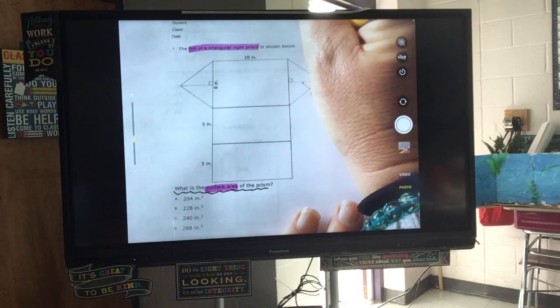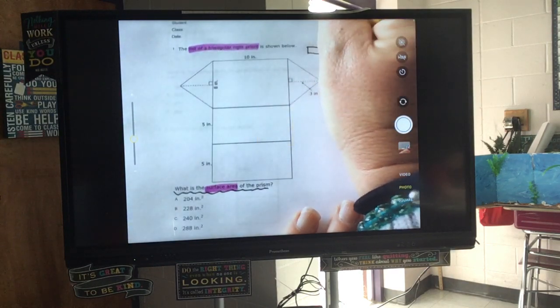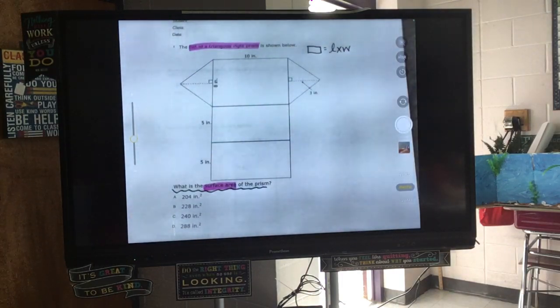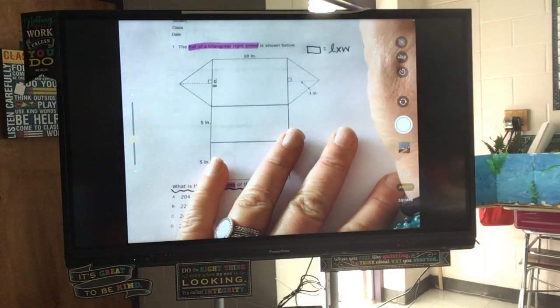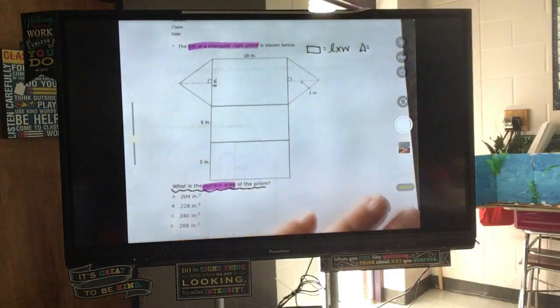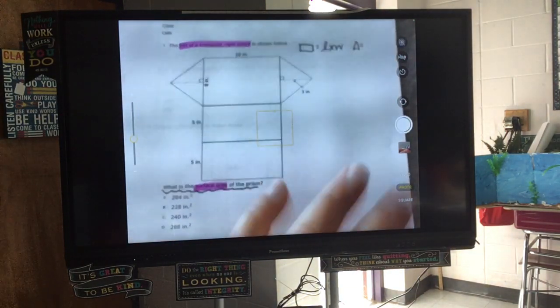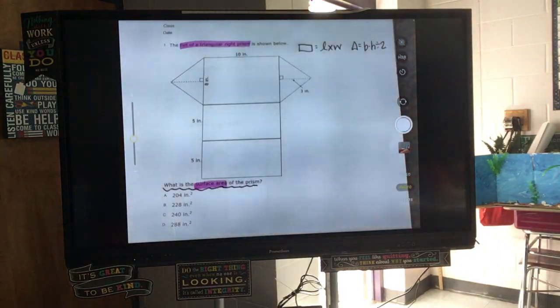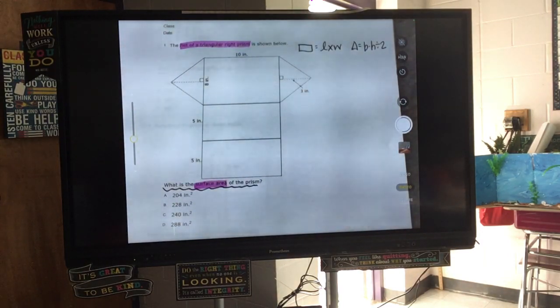All right, so for our rectangles, we're going to be using length times width. All right, so we have 3 rectangles, and then what else do we notice about this shape? Lily? All right, and we have a triangle, so what's the formula to find the area of a triangle? Kira? Base times height divided by 2. So these are the 2 formulas we're going to be using when we find each area.